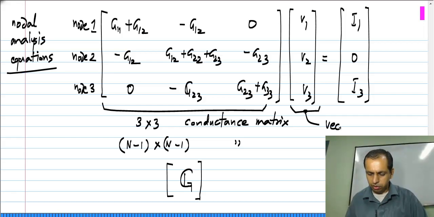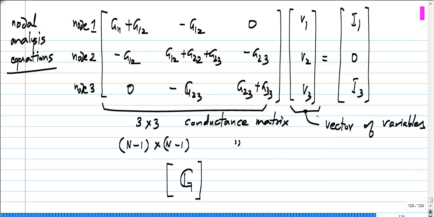This is the vector of variables, and the size of this in this case is 3, that is a 3 times 1 matrix, or in general it will be n minus 1 times 1. So, basically the vector consists of all the node voltages with respect to the reference node, and there will be n minus 1 of them. Okay.